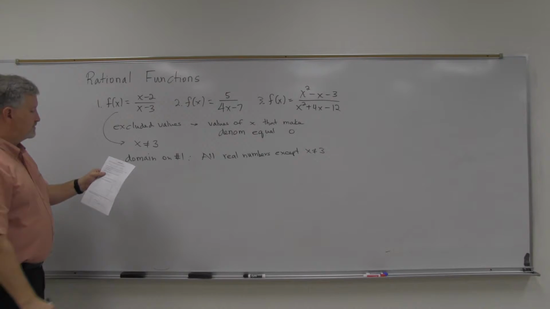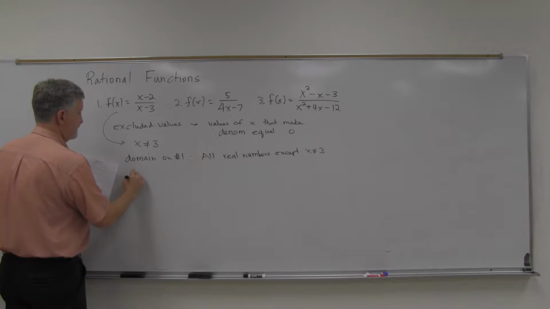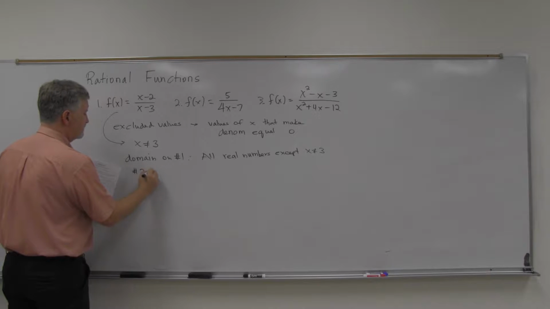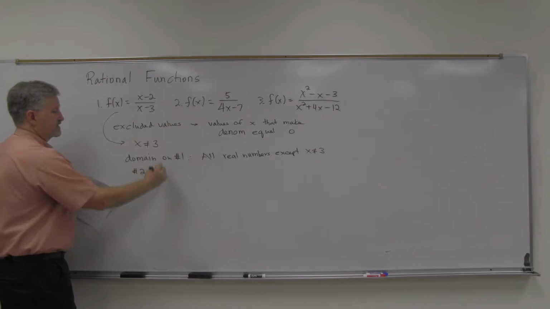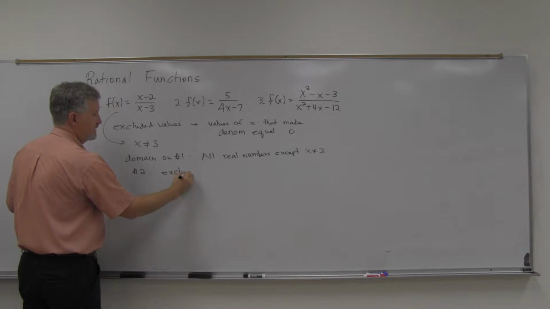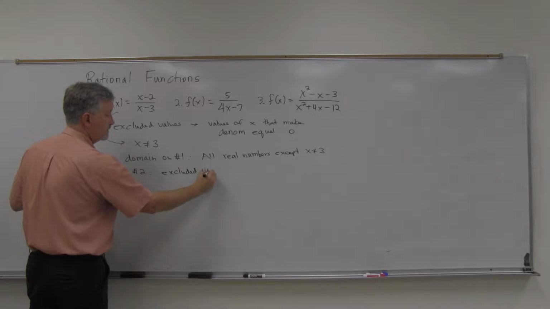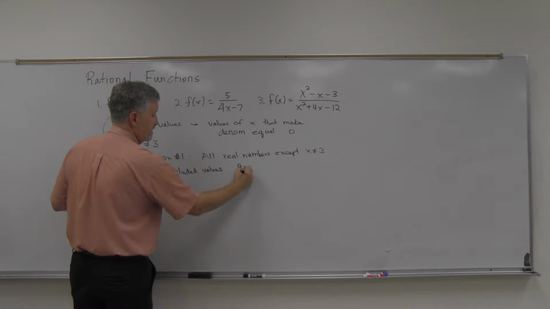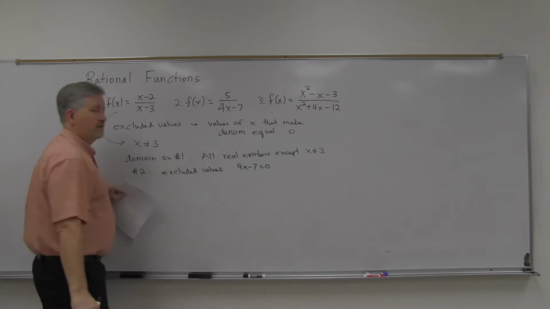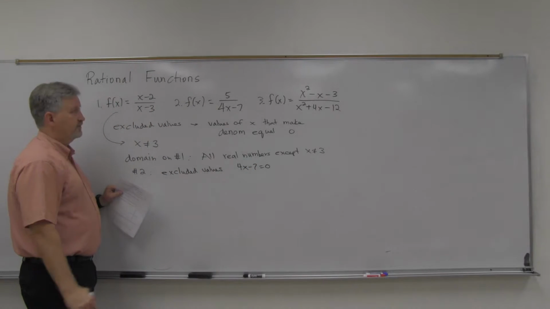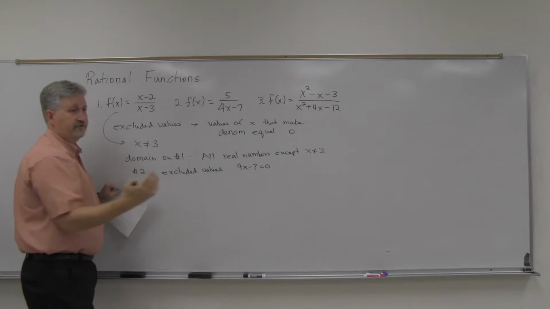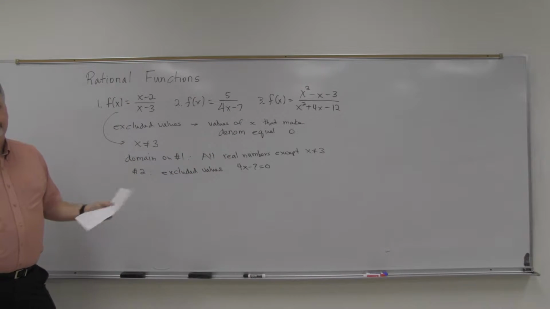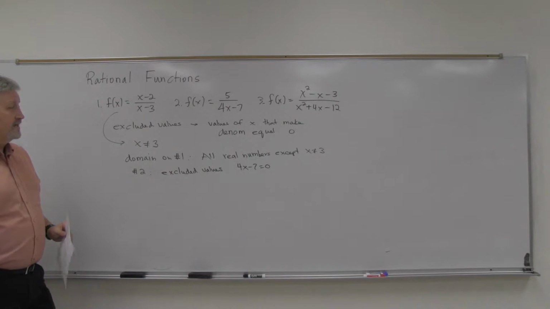What are the excluded values for number 2? What's the domain? All right, so in number 2, excluded there, well, it's values that make the denominator equal 0, and so if you can't see it, just set the denominator equal to 0, and that's going to be the excluded value, because your denominator can't be equal to 0. You try to divide by 0 on a calculator, and it tells you error, or something like that.